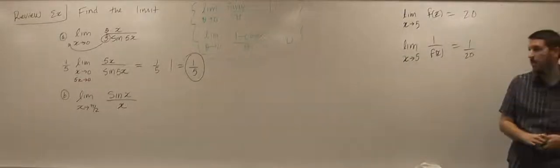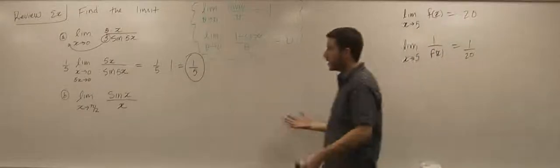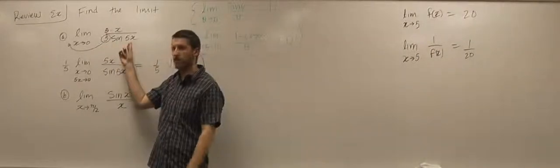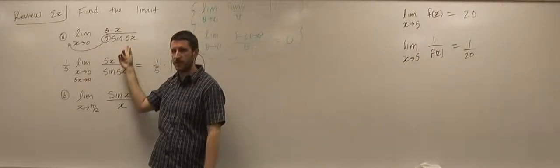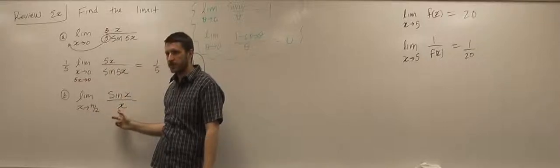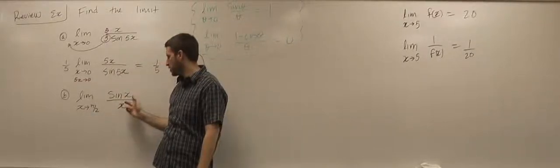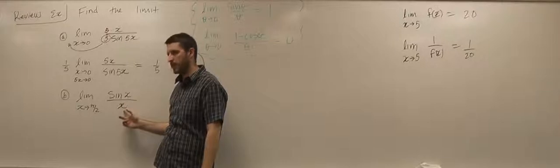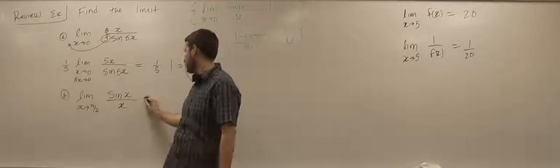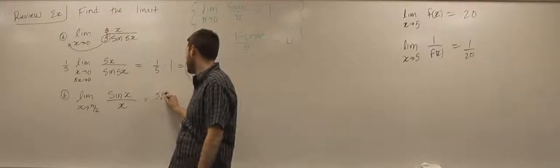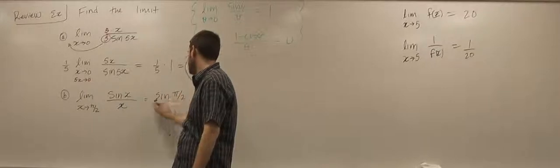Can you just plug it in? This one is a problem because if you put 0 in, it's undefined, 0 over 0, indeterminate form. This one's not a problem because if you put pi over 2 in, you get sine of pi over 2 and pi over 2. So this is not an indeterminate form. You can just plug this in.